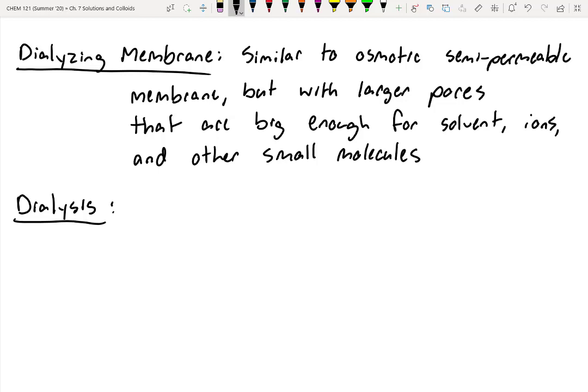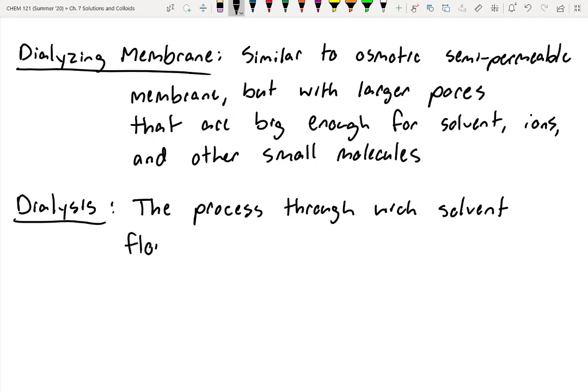Dialysis is a medical procedure, but it's also a scientific one. It is the process through which solvent, usually water, flows over one of these membranes and kind of extracts out all of those smaller things but leaves in the bigger things.